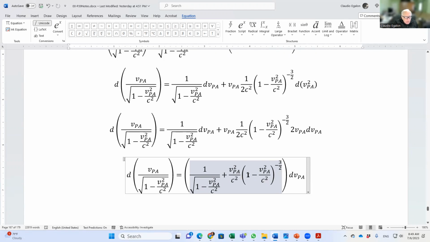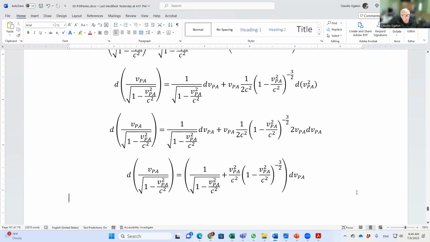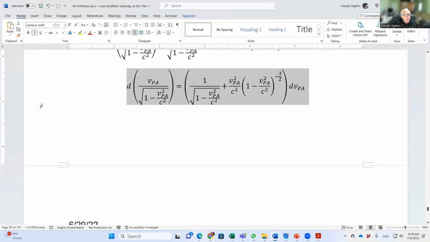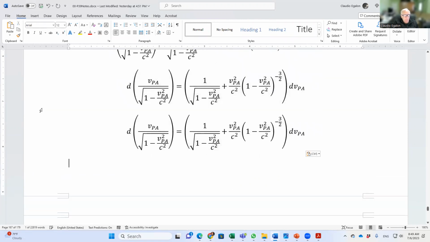And by the way, there is one more thing that we can do. This term here that we have is kind of similar to this term here. I'm going to do it in the next line. This term here is nothing but what?